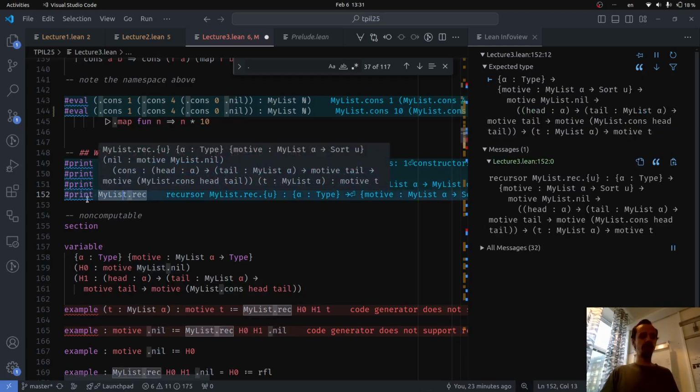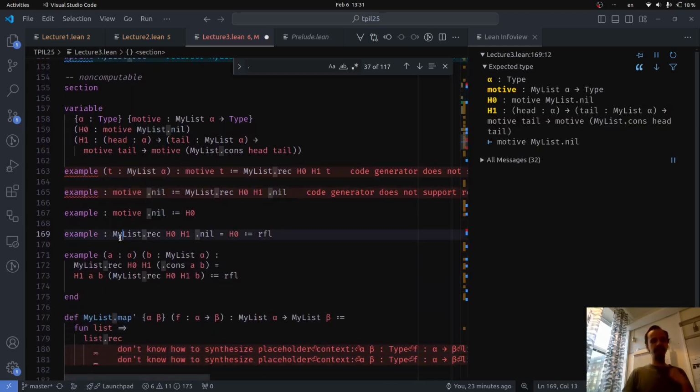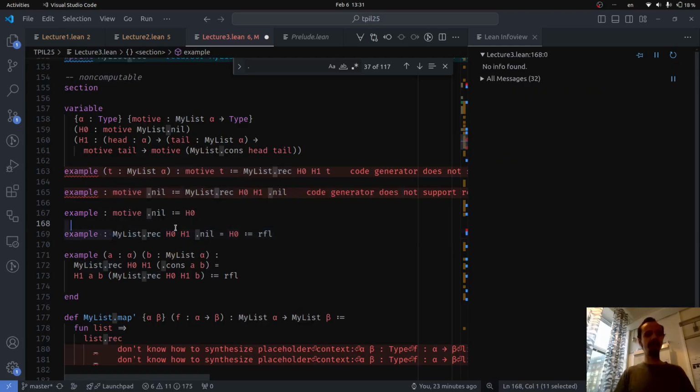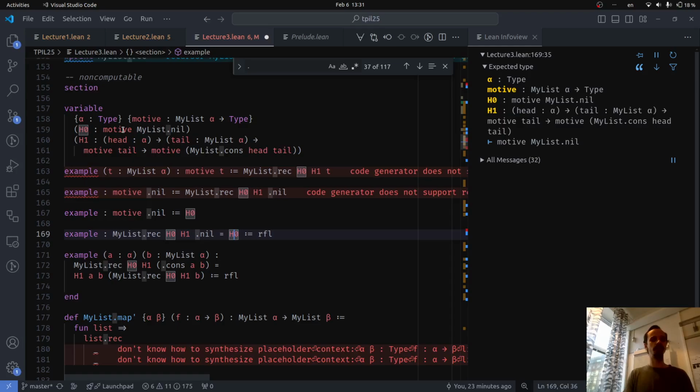However, the recursor has a relationship to the constructors, and that relation is that if you have this recursor function and then you apply it to nil, then it is equal to the value that you get out originally. So if you apply this function on nil, you get the first argument.